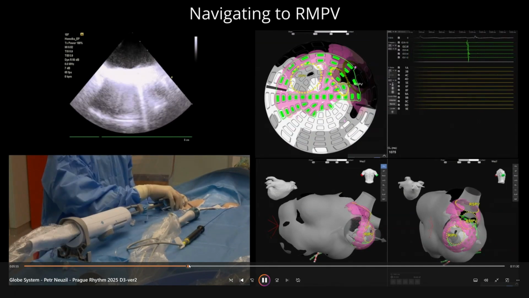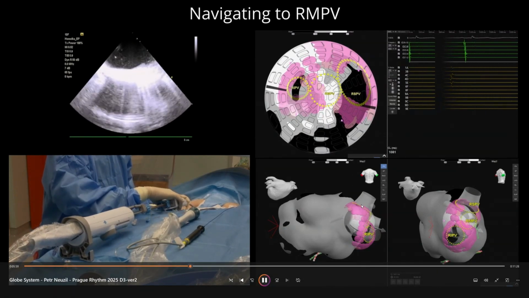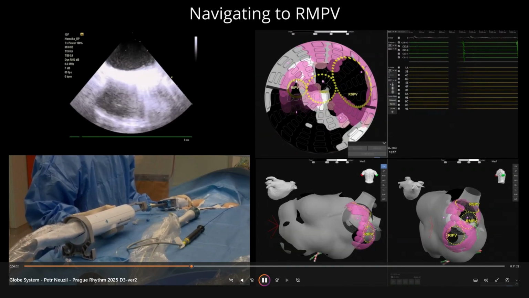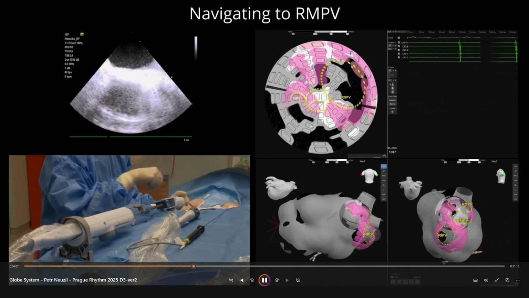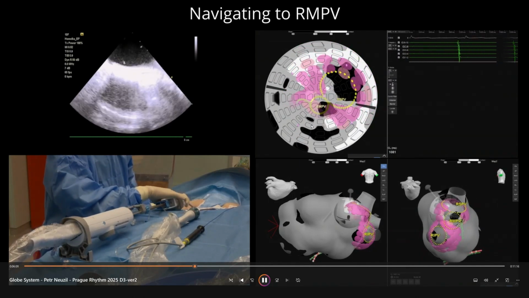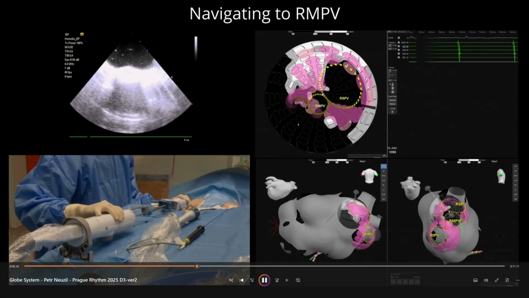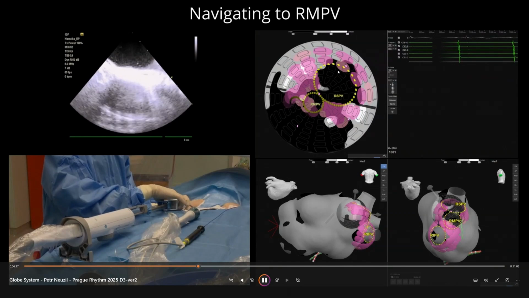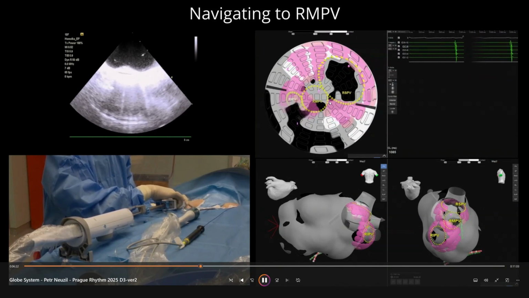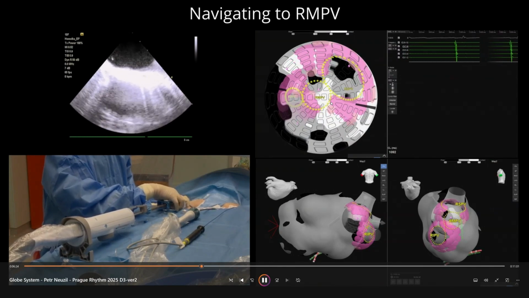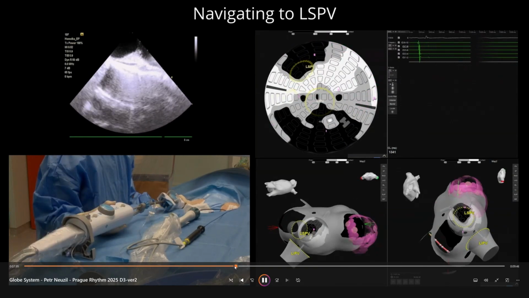I will move up, and constantly you have a good indication of what you applied, so you can indicate the lesion set. We want to minimize the applications to get a real single shot. We proved that in one position, if you choose good contact quality, we are able to isolate the vein with one application. Okay, I will move up.